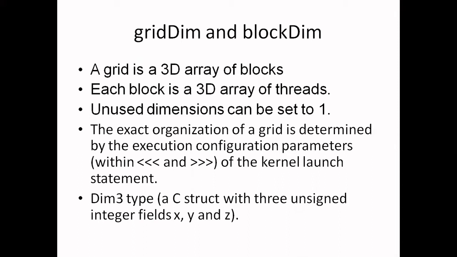Actually, it is a struct which has 3 unsigned integers in x, y, and z. You can access these values by using the variable name dot x, variable name dot y, and dot z.